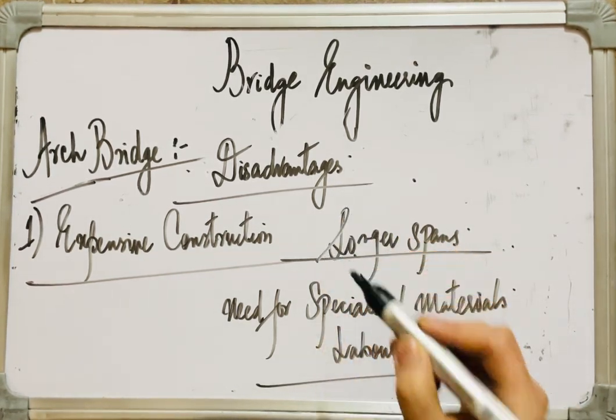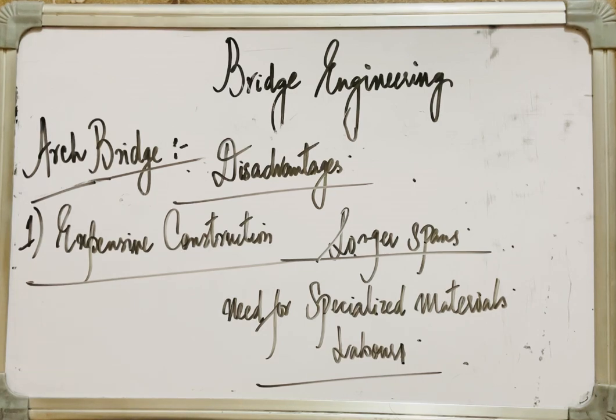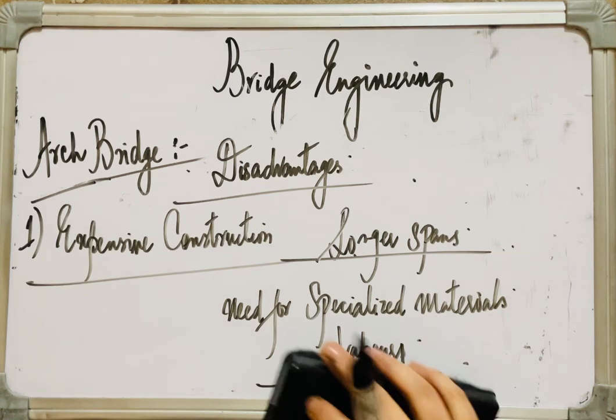For longer spans, there is a high need for specialized materials and labor, thus making their construction quite expensive. So this is the first disadvantage of an arch bridge, that their construction is expensive.